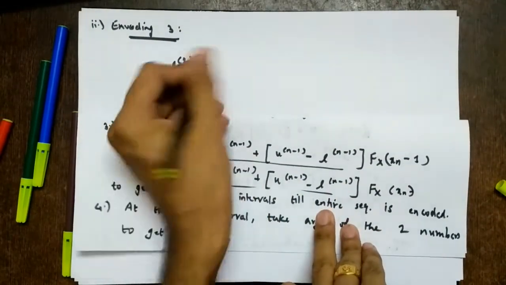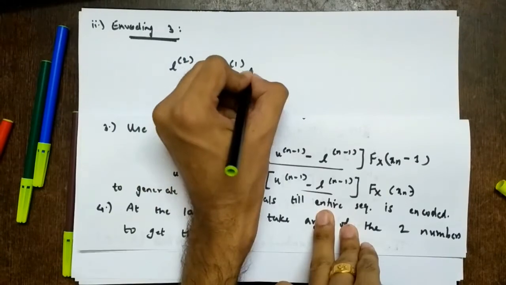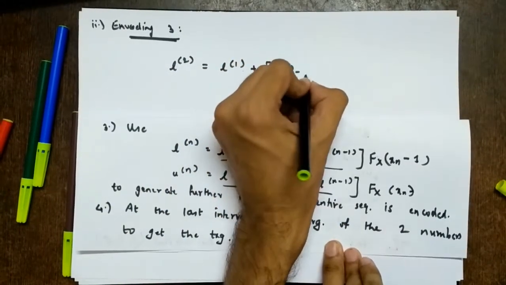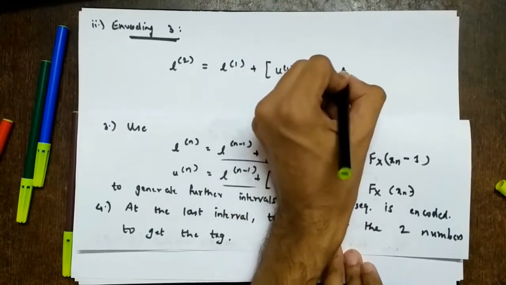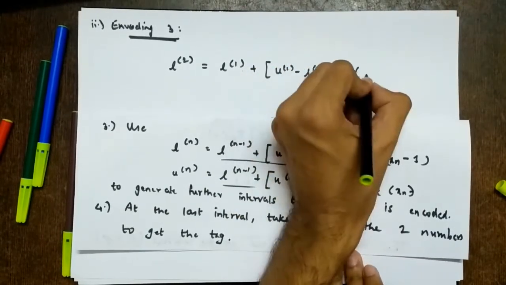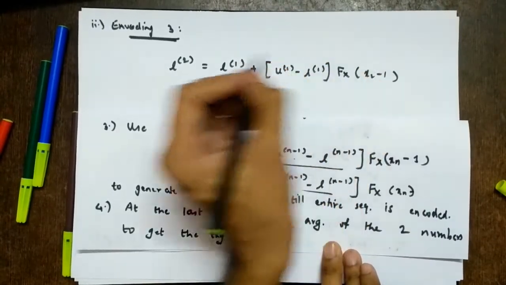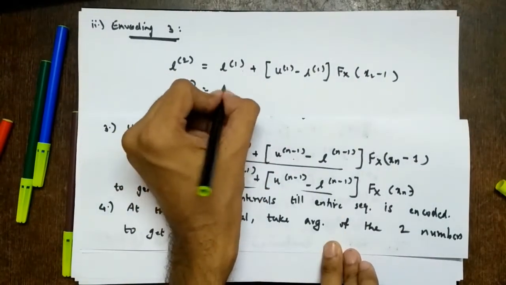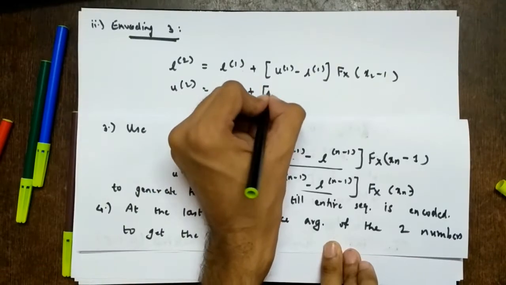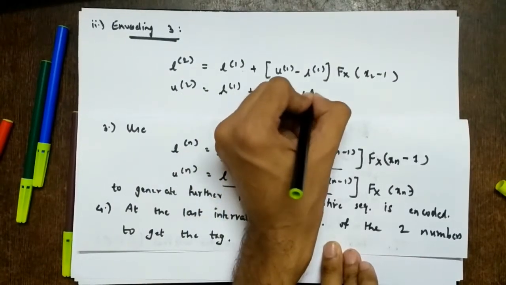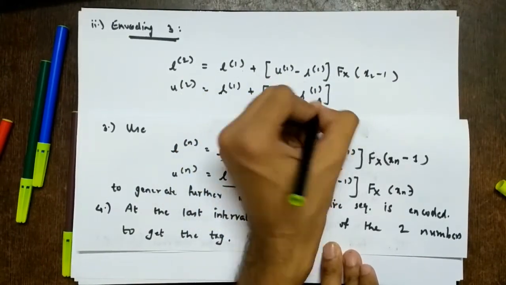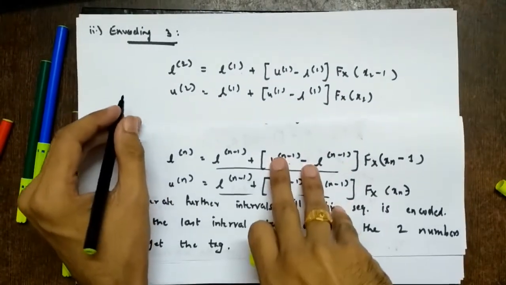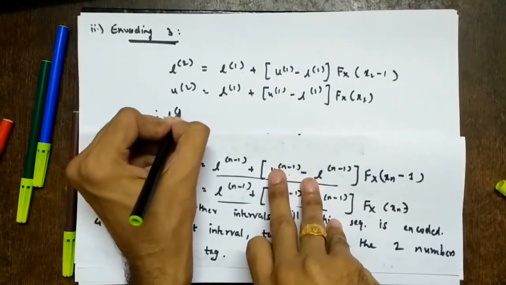So L2 equals L1 plus U1 minus L1 into Fx of x2 minus 1. I'll write U2 also. Again this is the same: L1 plus U1 minus L1 into Fx of x2. So we can write L2 equal to.